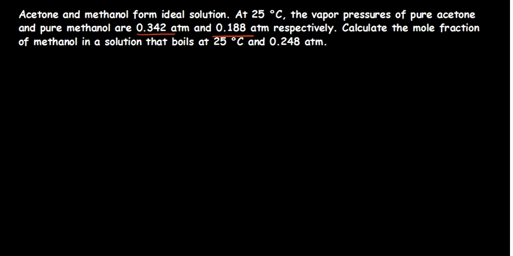So we are told in a solution that boils. So the moment you see a pressure associated to a solution, know that that is the resulting vapor pressure of the solution. So therefore, the vapor pressure of the solution was 0.248 in atm.